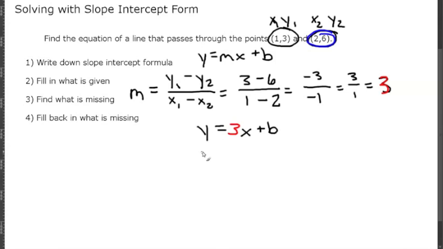We're going to have that our y value is 6, and that's going to equal 3 times 2 plus b. So 6 equals 3 times 2, which is 6, plus b. We want the b by itself, so we're going to subtract 6 from both sides.